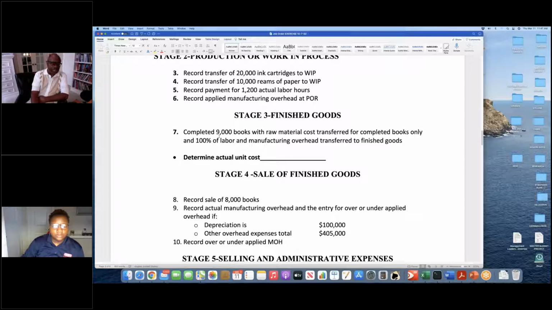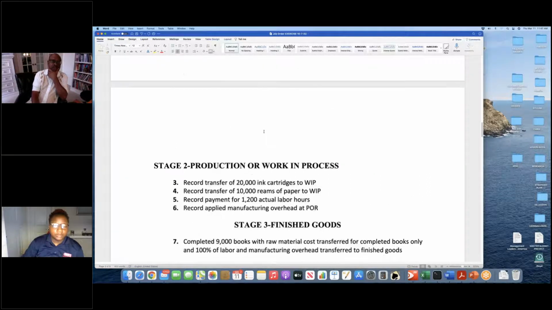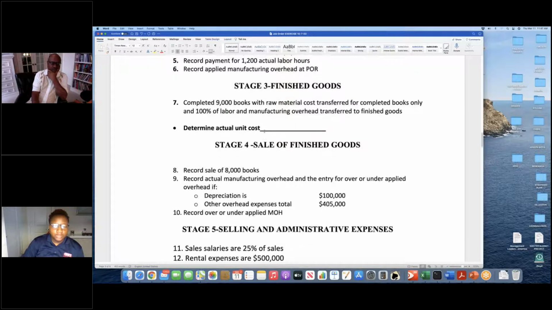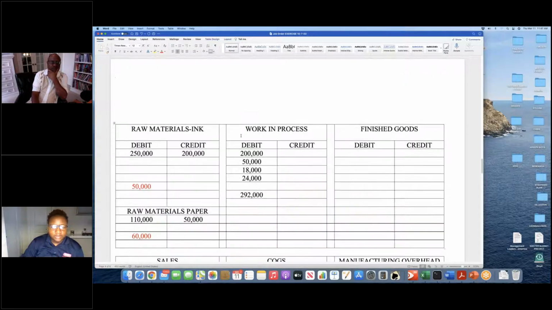So here is the first time you do something a little different. What does this mean to us? Well, how many books did we plan to do? 10,000. So it's saying that we're going to use all the money we have for overhead, which was 24,000, and all the money for labor, which is 18,000. And the 50,000, that's what we used for raw materials, and that was the amount for 10,000 books.